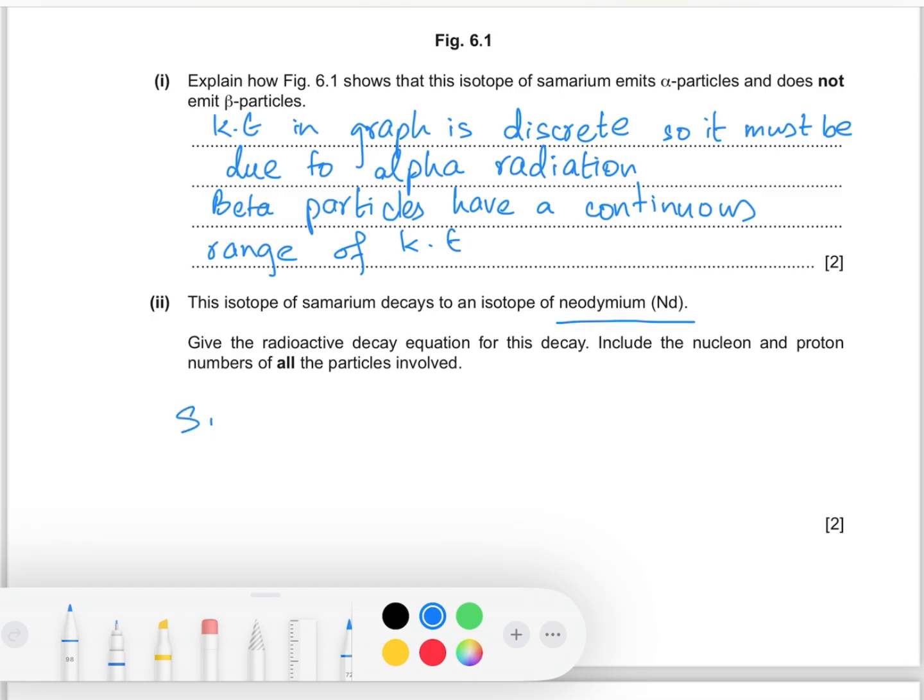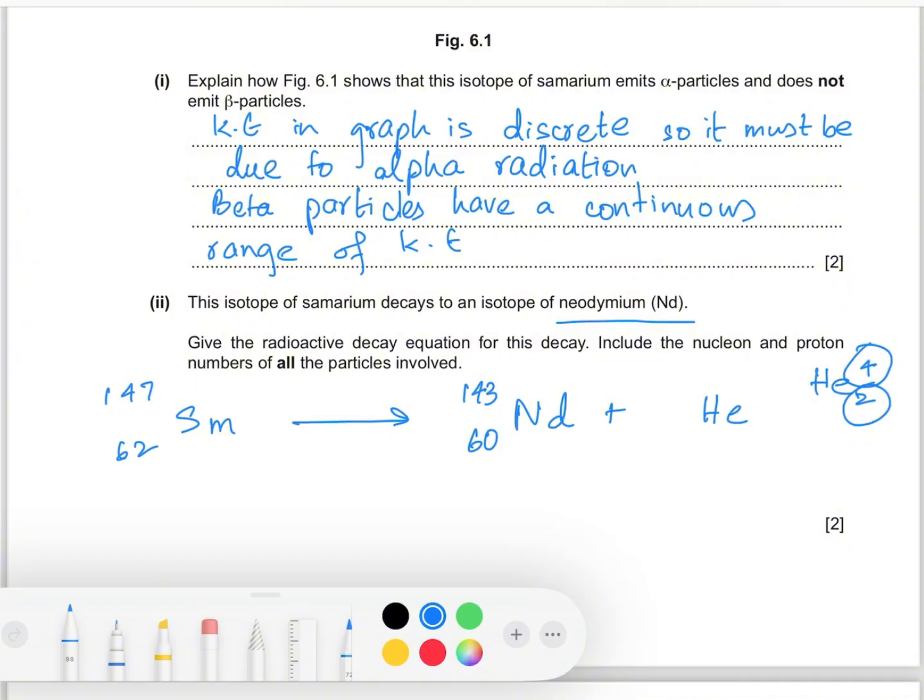Okay, so we have samarium with 62 protons, 147 nucleons, and it decays by alpha radiation, as we just said earlier. An alpha particle is a helium nucleus, so it will cause loss of 2 protons and 2 neutrons, or it will reduce the atomic number by 2. It will reduce the mass number by 4. So that leaves you with the new nucleus having 60 protons and a mass number of 143, as well as the helium nucleus.